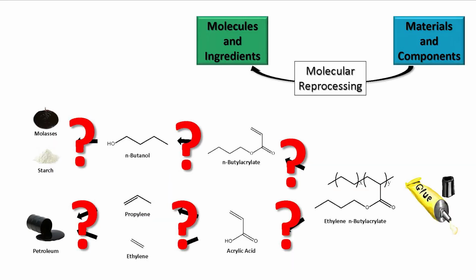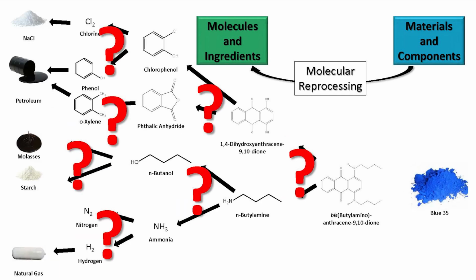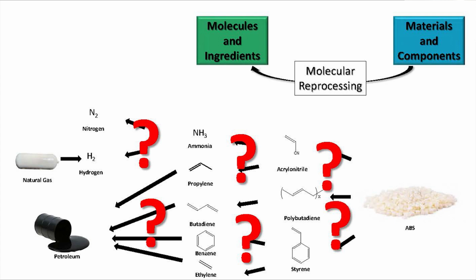The answer is no. Our level of chemistry right now does not know how to do this. Could we take the polymer and go backwards? No. We haven't invented how to do this yet.